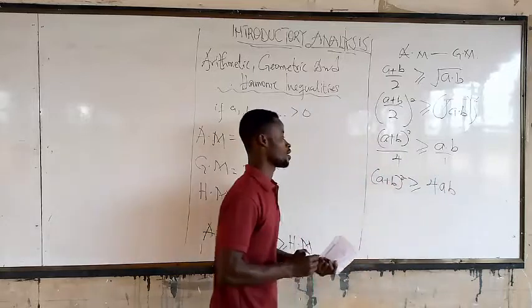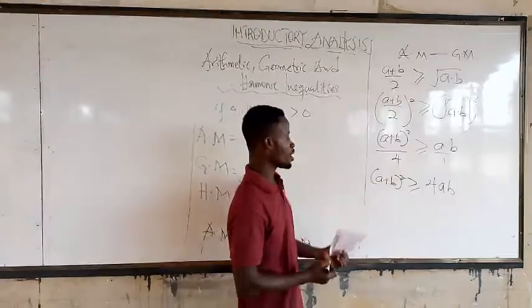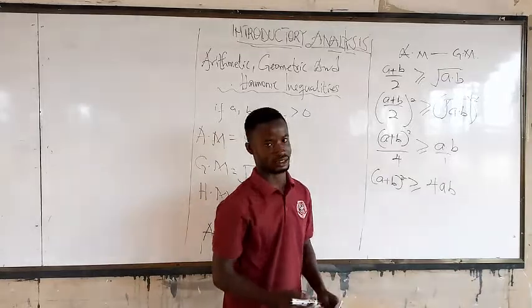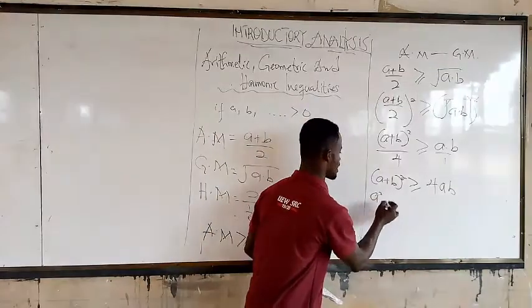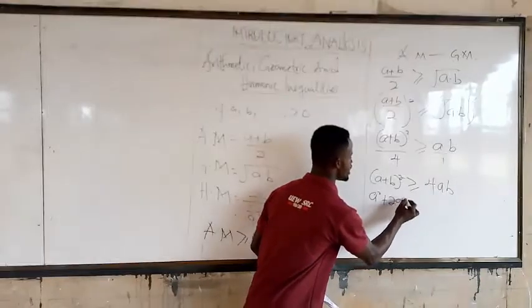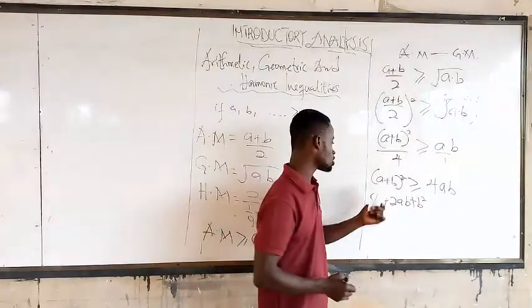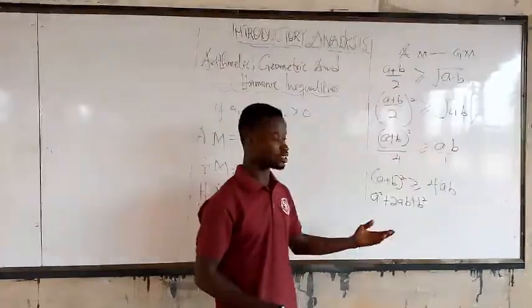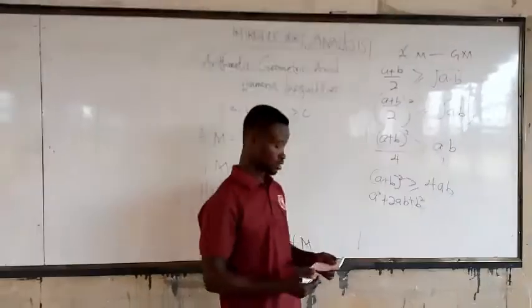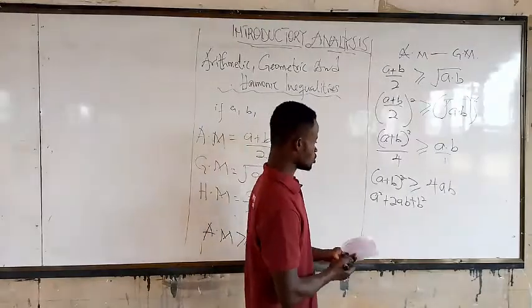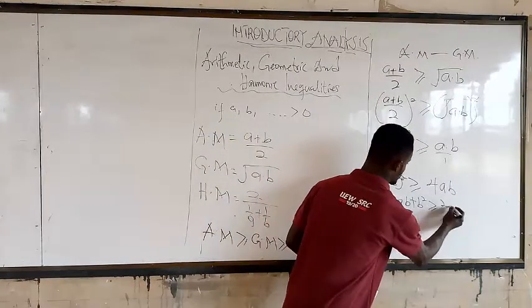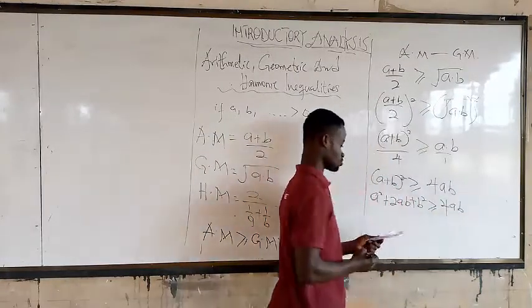4AB. Then, algebra. This is going to give us A squared plus 2AB plus B squared. You can also multiply it by itself and you are going to arrive at the same thing. So, greater than or equal to 4AB.